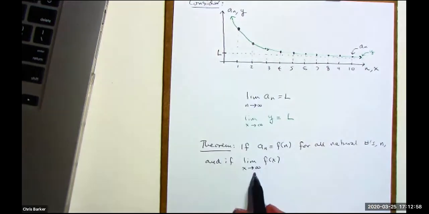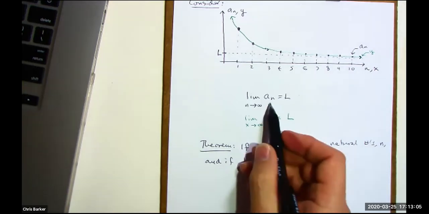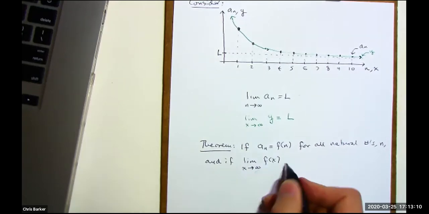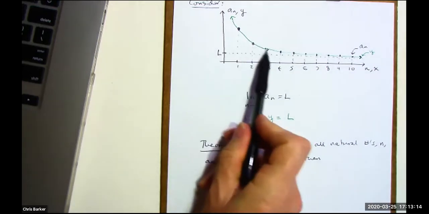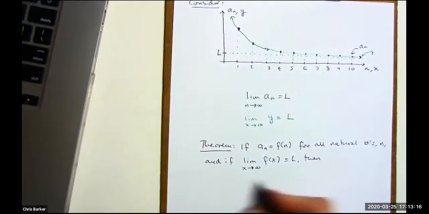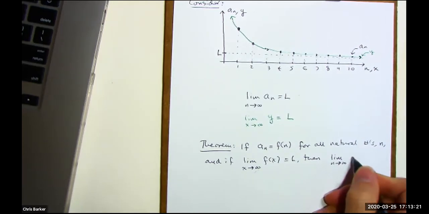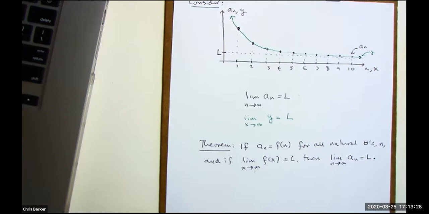I'm no longer restricting myself to only having whole numbers. I can do that with f. I can't do that with a because it doesn't exist in between, but f exists everywhere. And if the limit of this is L, in other words, if the green wire flattens out towards L, then what can you conclude about A sub n's limit? That it approaches L. Yeah, it has to approach L as well. If the wire approaches L, the beads on the wire have to approach L. They don't have any choice. They're on the same wire.